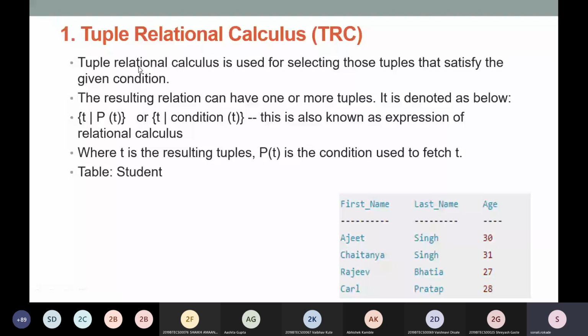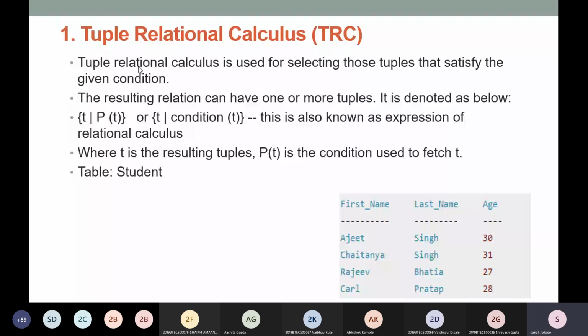This is specified to select the tuples from the relation, but there is a condition. You have to filter variables that are uses of that particular relation. The result of the relation can have one or more tuples.